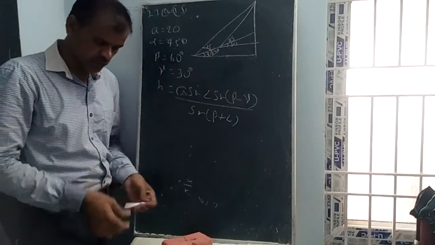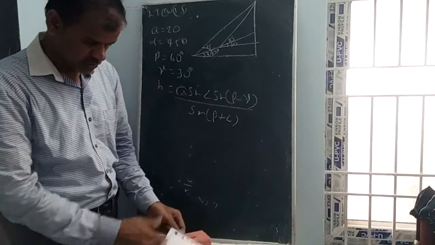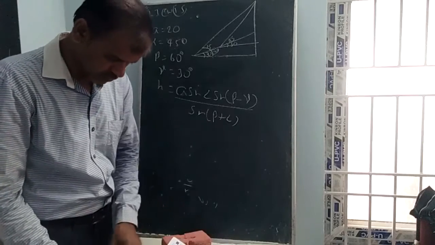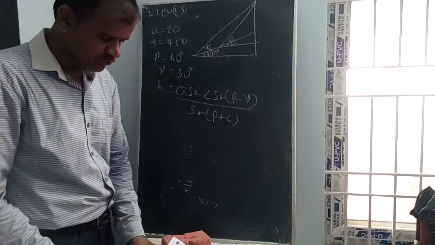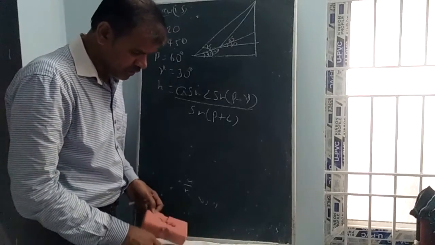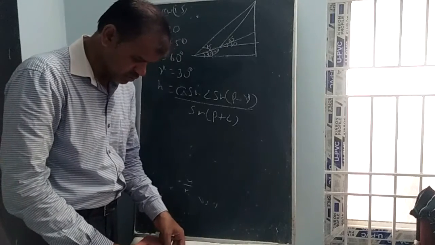You calculate yourself. Now let us see the level 1 homework, page number 203. See the 204. See the 14th question. The height of hill is 3,300, and not this one.